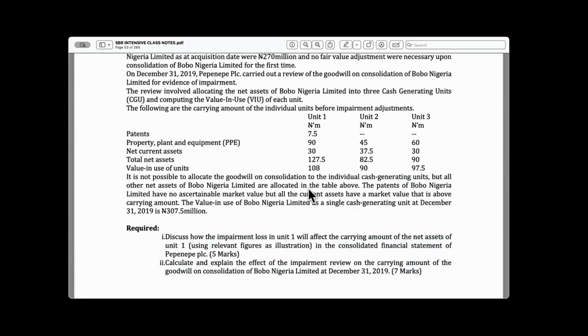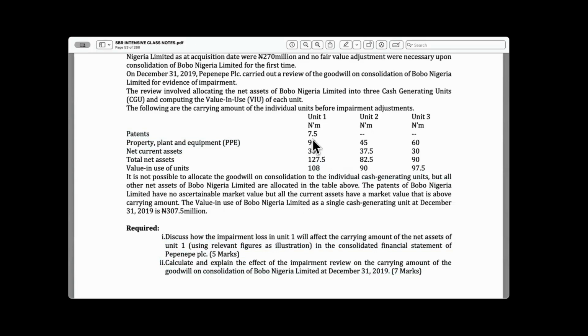This would be allocated first to the patent because it has no ascertainable market value, and the remaining will be allocated to PPE, because the net current asset is not impaired as its market value is higher than the carrying amount. So the remaining 12 would be allocated to PPE.